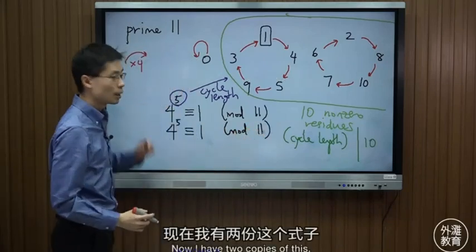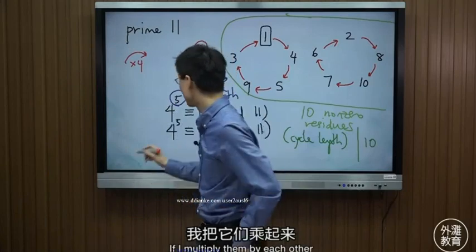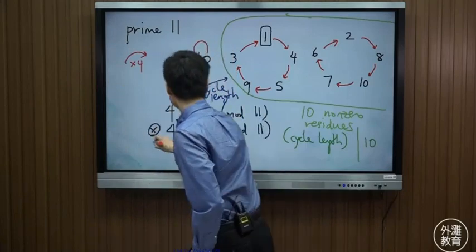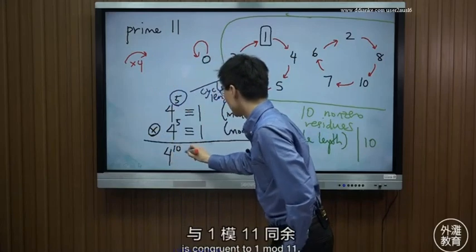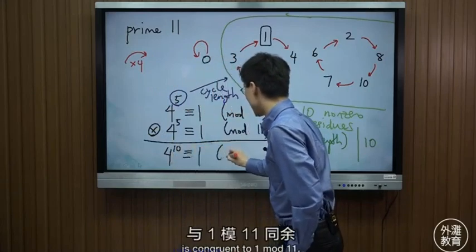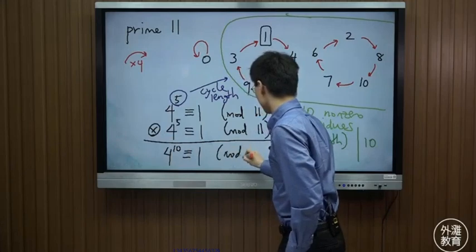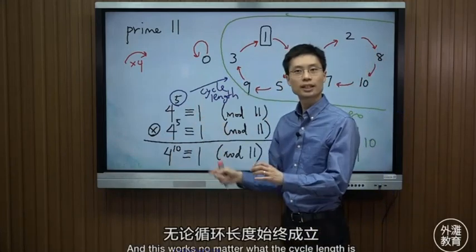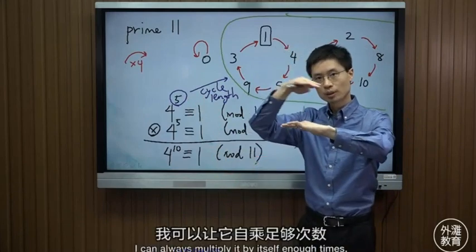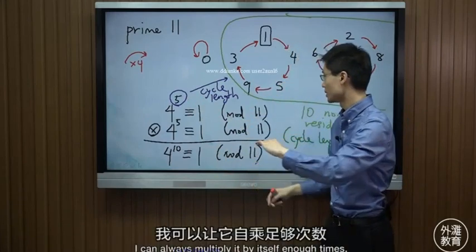Now I have 2 copies of this. If I multiply them by each other, then I have that 4 to the power 10 is congruent to 1 mod 11. And this works no matter what the cycle length is. I can always multiply it by itself enough times.